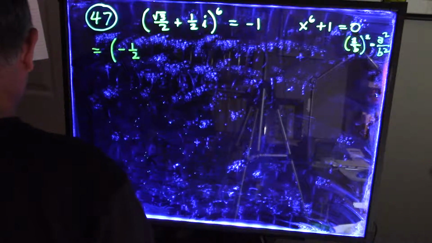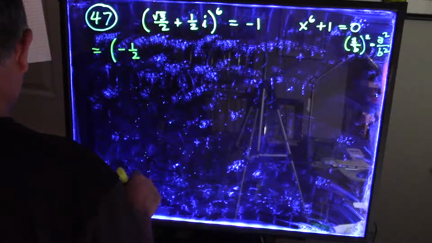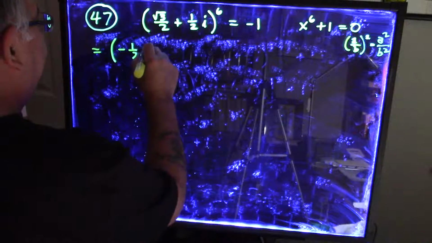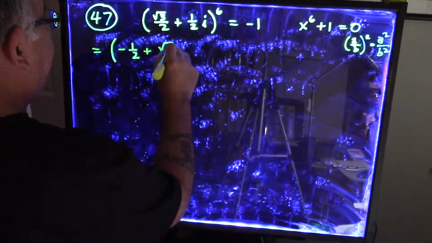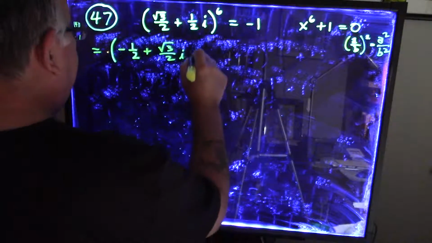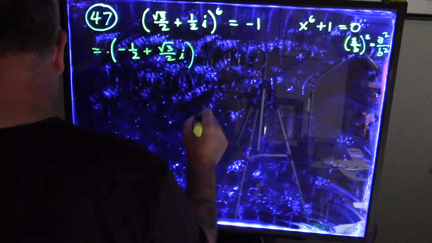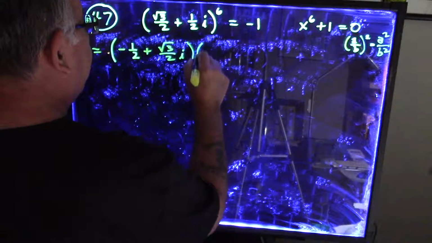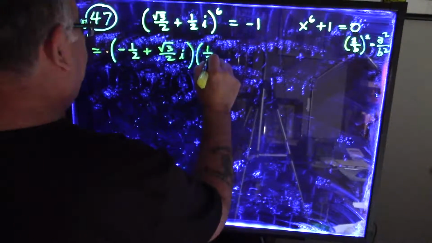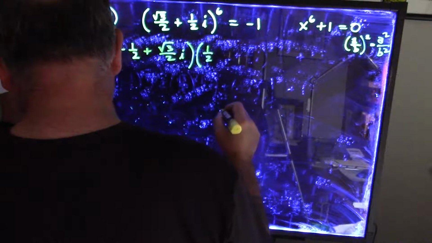The 2 will cancel with one of those 2's, just like we did before. And we end up with a square root of 3 over 2i. Alright, and now we also have 1/2 plus square root of 3 over 2i. Well, it's pretty close anyway. 1/2, pretty close to this one. 1/2 plus square root of 3 over 2i.